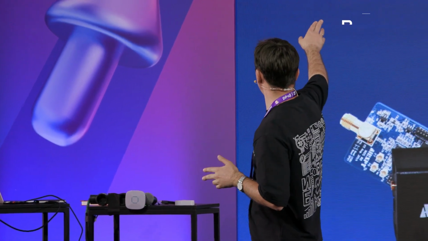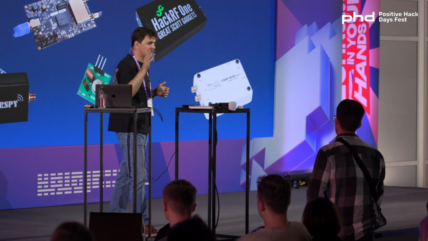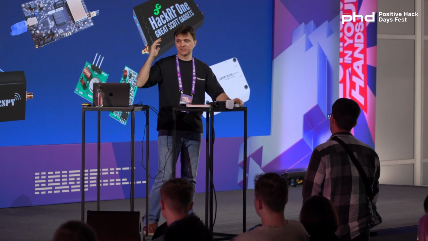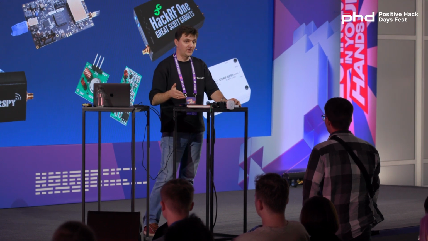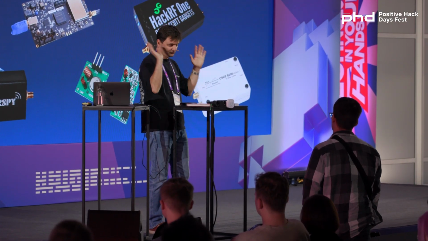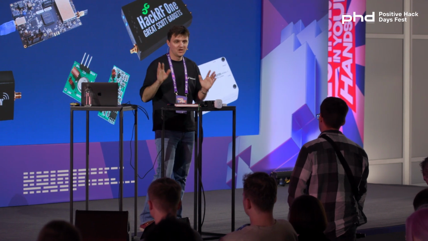RTL-SDR captures very clean signals. It gives you some range. But let me underscore once again, it cannot transmit. So, to analyze some signals, I'd get cheap RC cars, preferably 27 megahertz, not 2.4 gigahertz.